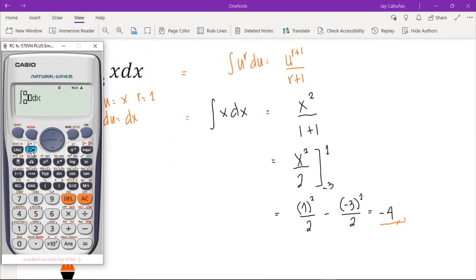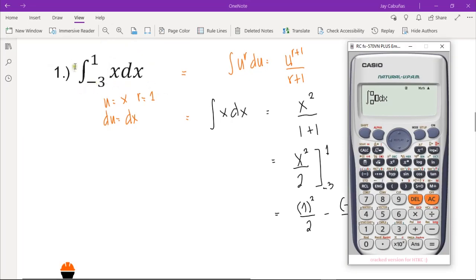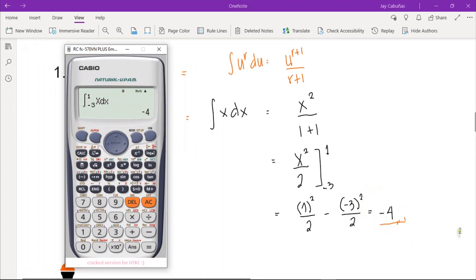Then we encode this integration form, that is x dx, with the limit from negative 3 to 1, and that gives us the answer negative 4, the same as our final answer. Therefore, we have a correct answer.